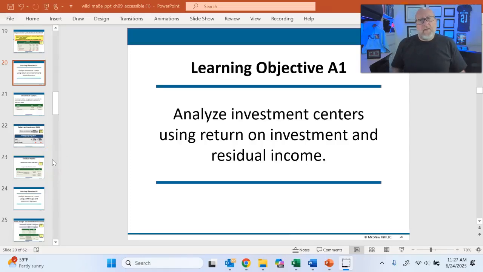Investment centers in this episode, if you want to call it an episode. Anyway, so what we're going to try to do now is measure the performance of an investment center. And an investment center, as a reminder, going back to the hotel example, would be the Marriott brand. Okay, it's not just a cost center in the hotel.